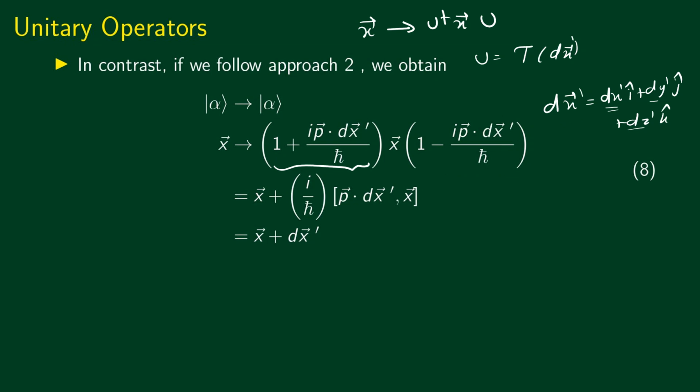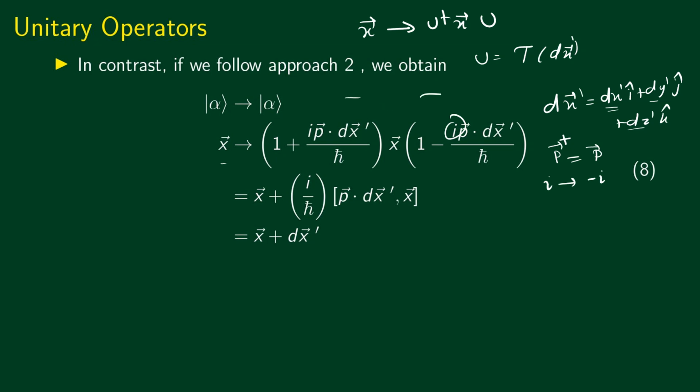And p vector is the momentum operator, a Hermitian operator, so p dagger is equal to p. That also does not change. The only thing that changes when you take the Hermitian conjugate is that i goes to minus i. That's why we have a plus here when we take U dagger, or in this case T dagger. So according to the second approach, x vector operator goes to T dagger x vector operator T.